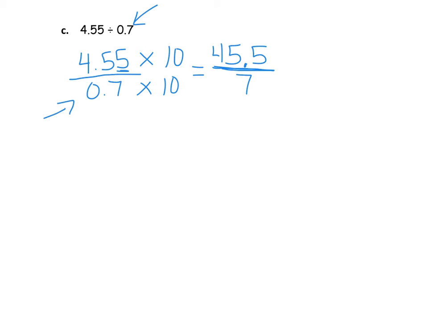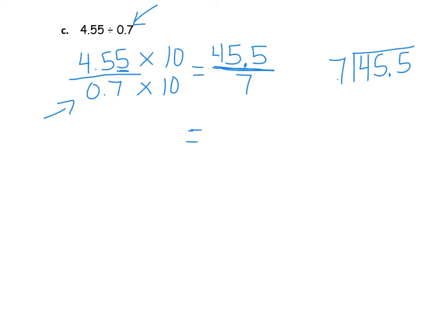Well, let's do our long division, because I need to find what that's equivalent to, because it's an improper fraction. Let's be perfectly honest. So we have 45 and 5 tenths as my dividend, divided by my divisor of 7.